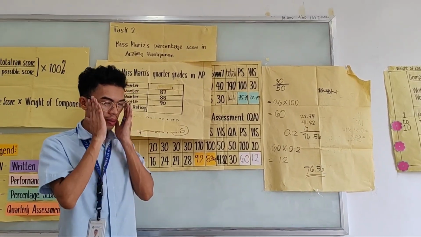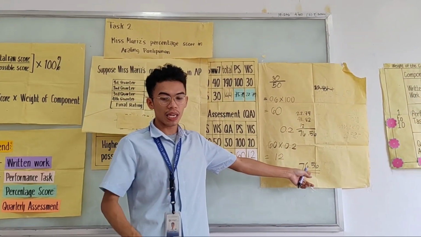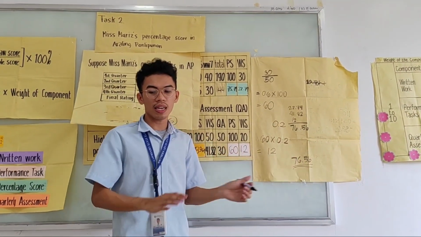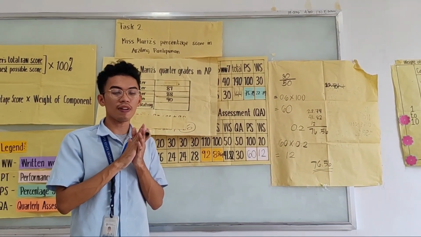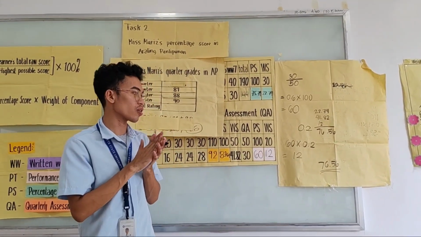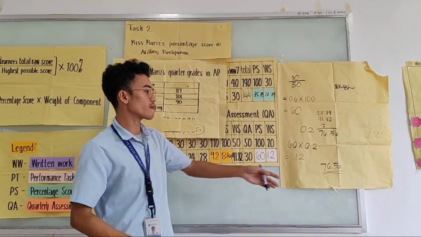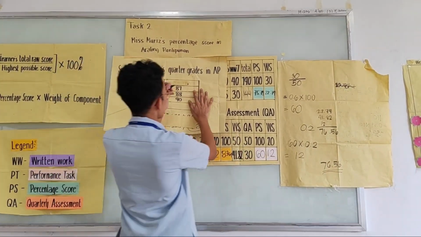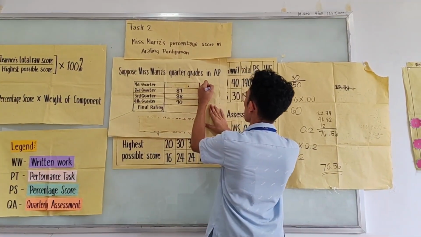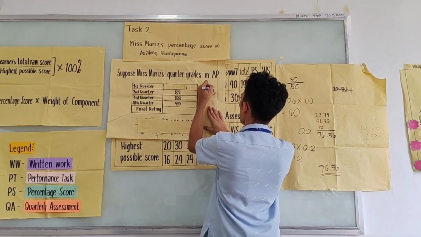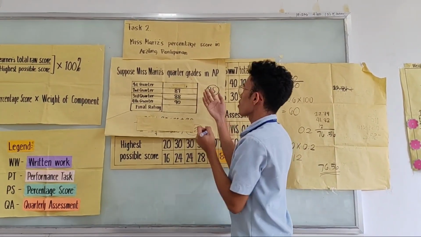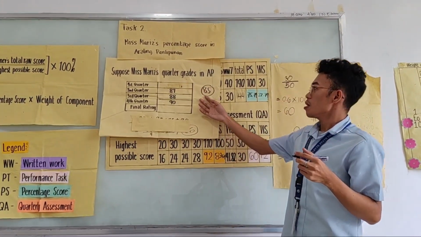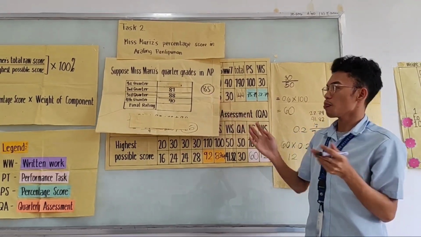In the table, the equivalent of 76.56 is 85. So this is the quarter grade of Miss Marie's in Araling Panlipunan.